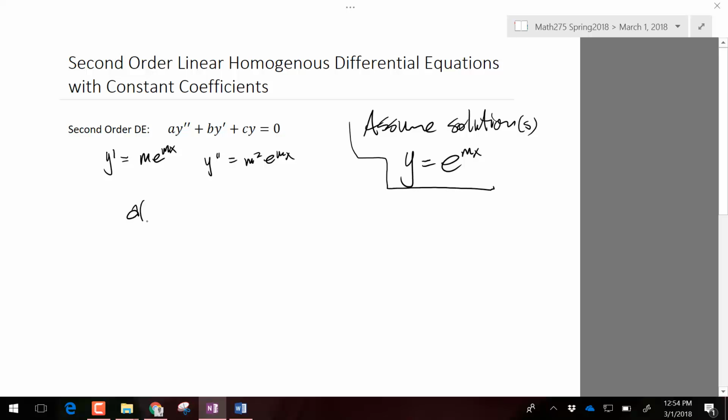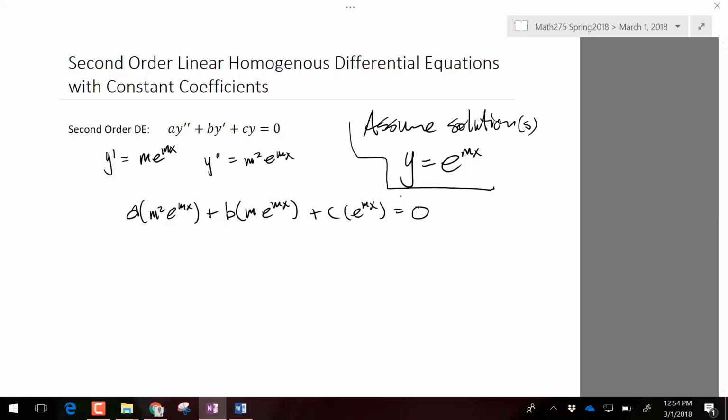So we have a times m squared e to the mx plus b times m e to the mx plus c times e to the mx is equal to 0.